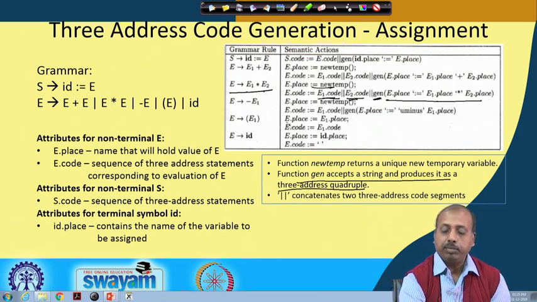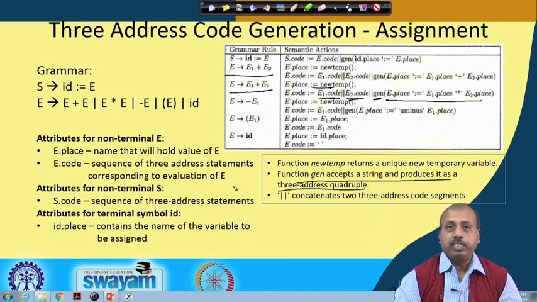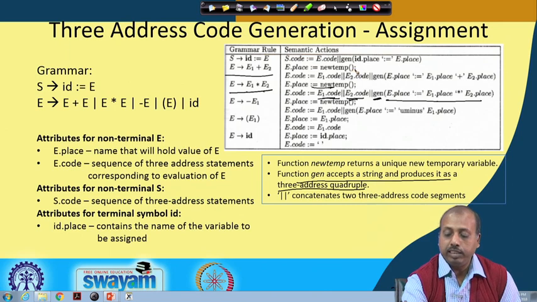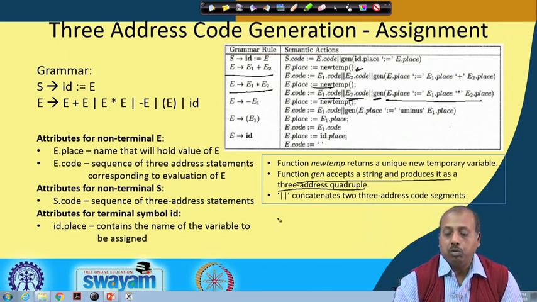And then similarly E producing E1 plus E2. This is also similar as far as code generation is concerned. E.place equals new temp and then E.code equals E1.code concatenated with E2.code concatenated with generate E.place assigned as E1.place plus E2.place. And of course, I will need the statement E.place equals new temp to get a new temporary variable.